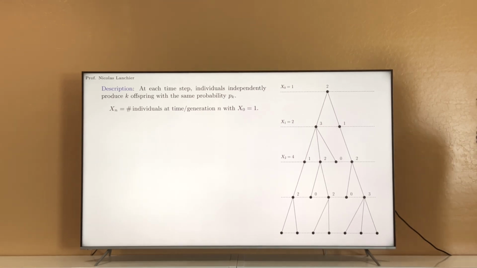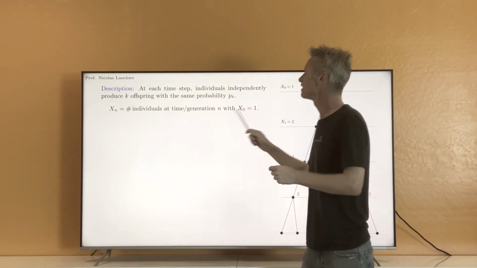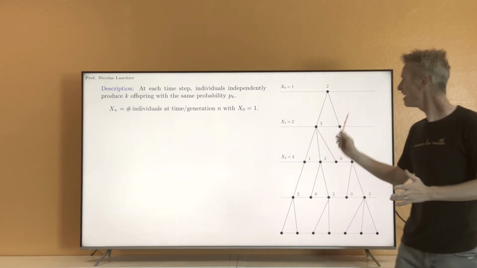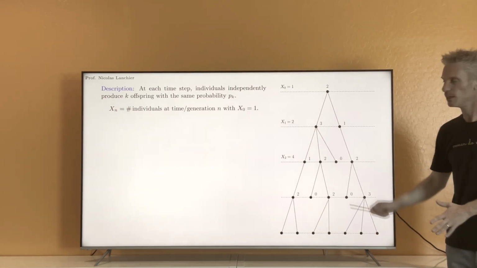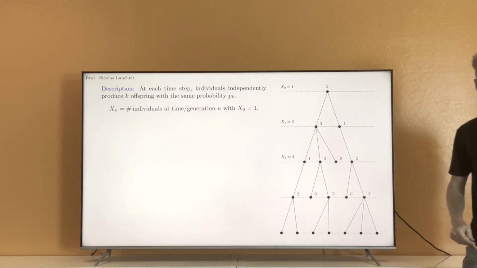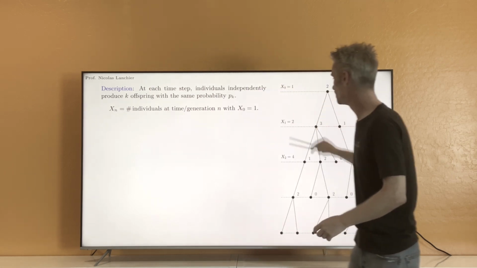Okay, so notice that in fact there is not a one-to-one correspondence between a realization of your process and a realization of the tree. The tree gives you more information. If you have the tree, you can just count the number of vertices at each level. That's going to give you the value of Xn, like we did here.